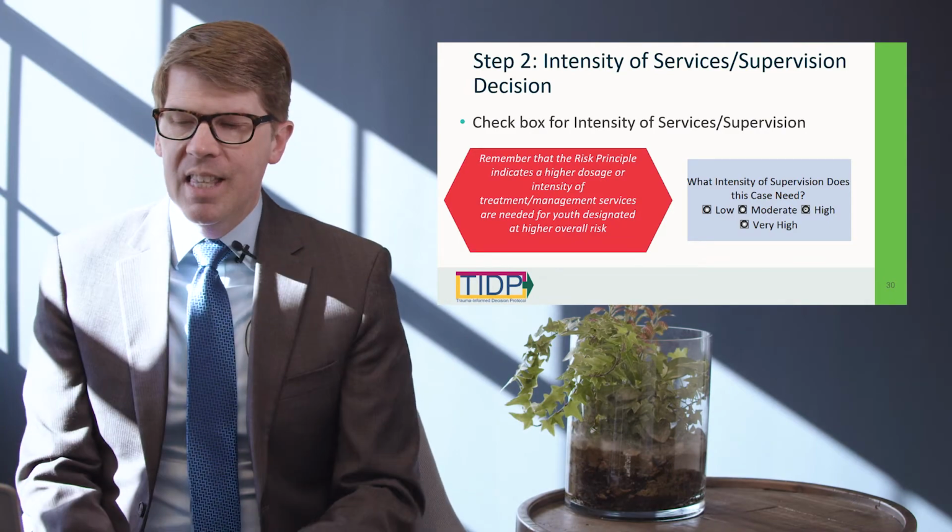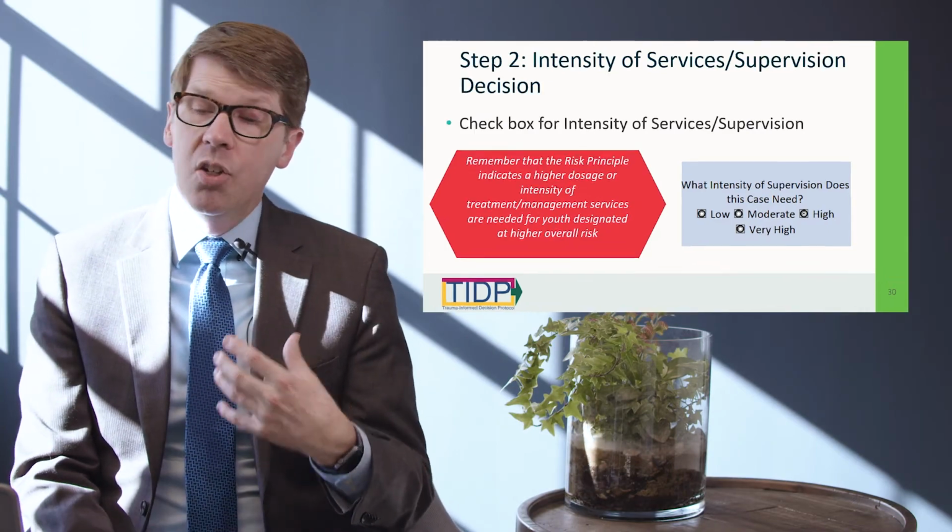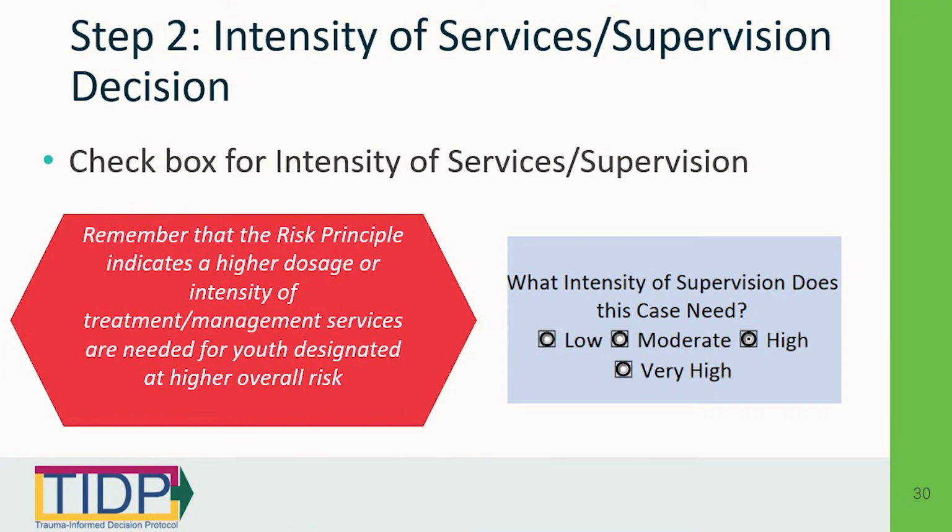Step number 2. We refer to this as thinking about the intensity and dosage of services that is likely going to be needed as a way to try to manage that risk level. And so this is your professional decision making, but what we want you to do is check the box indicating the level and intensity of supervision and management needs that this case is going to represent.